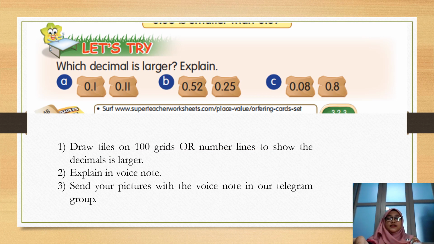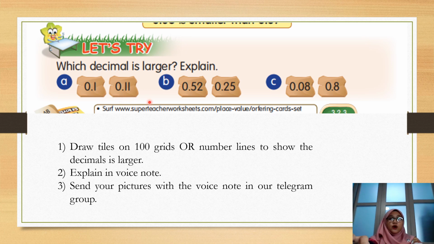Okay, let's try this comparison. This activity, you need to draw tiles also, like the previous activity. Draw tiles on 100 grids or on number lines to show which decimal is larger. For example, 0.1 and 0.11.